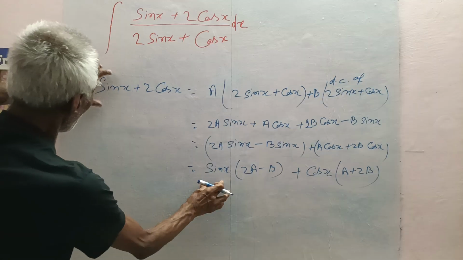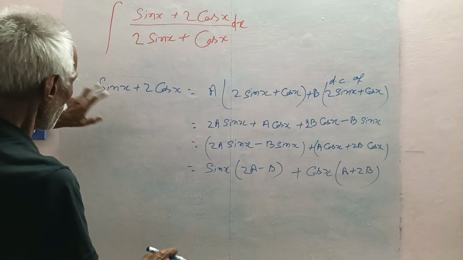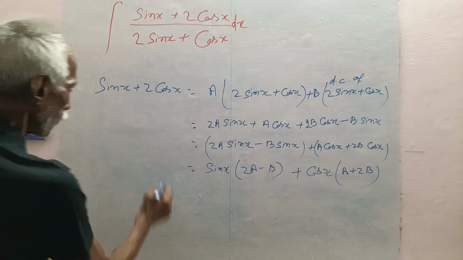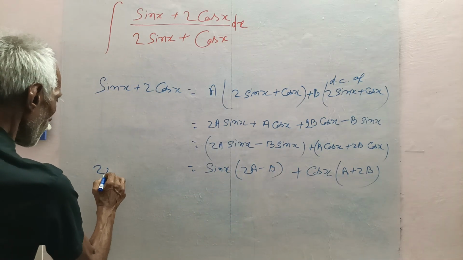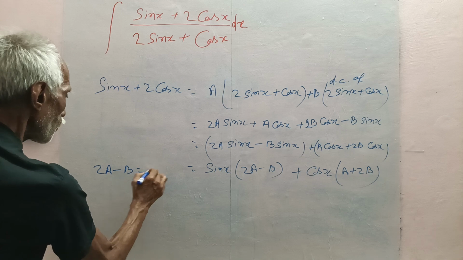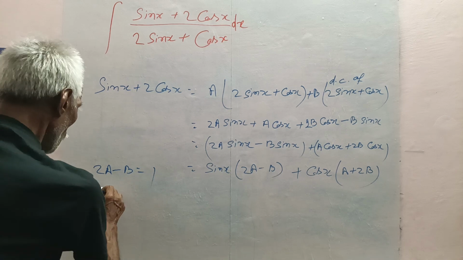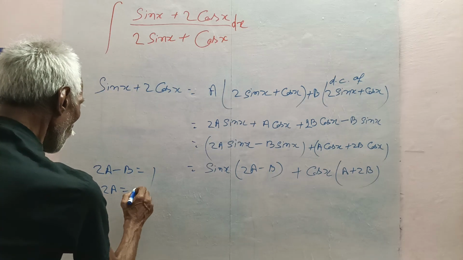See here, the coefficient of sin x is 1. Here the coefficient of sin x is 2a minus b. Therefore, 2a minus b is equal to 1, or 2a is equal to 1 plus b.